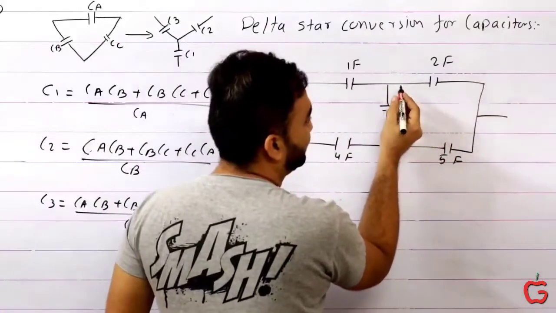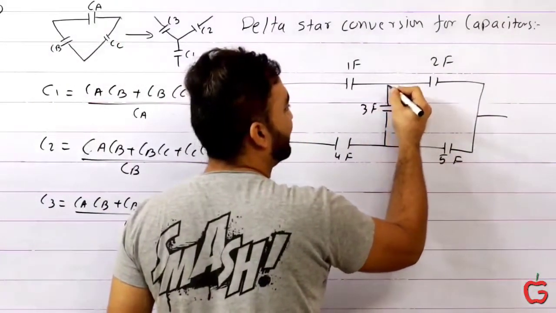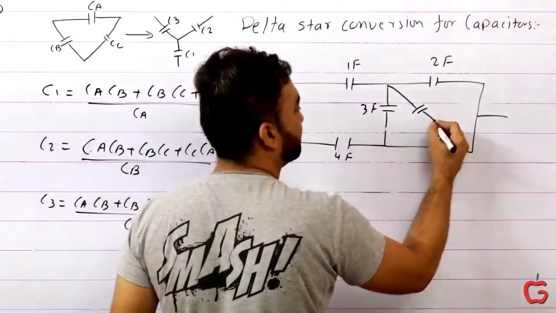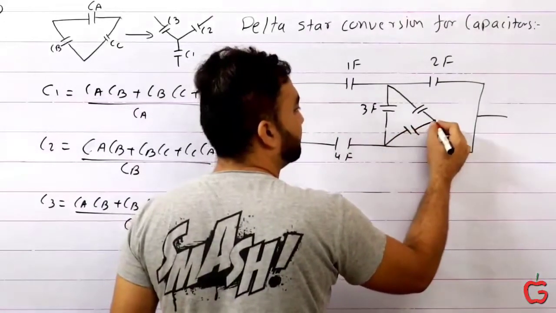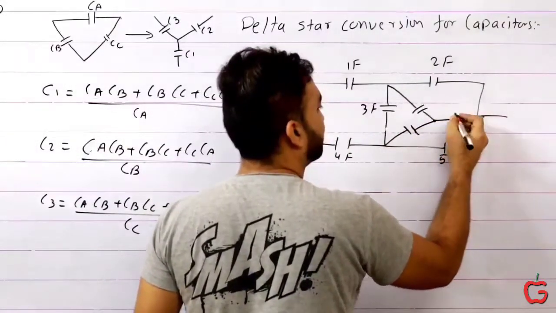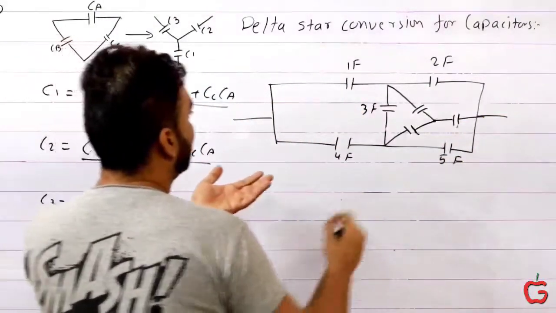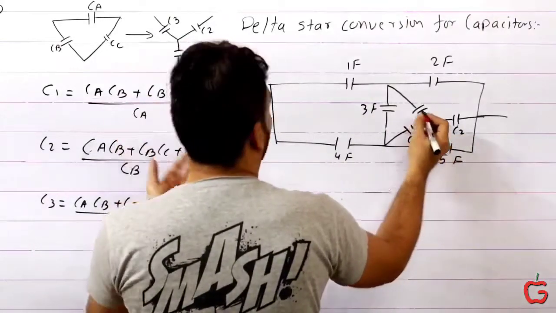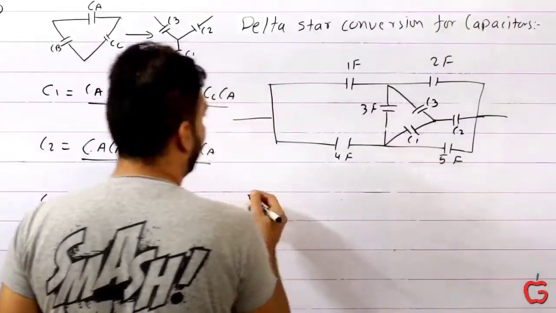We are going to convert this delta to a star. So let's call them: this is C2, this is C1 and C3. We'll find all of these individually.